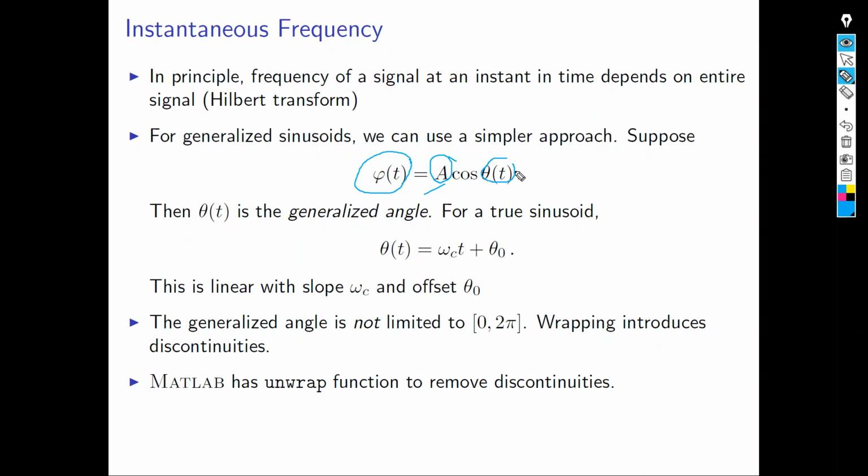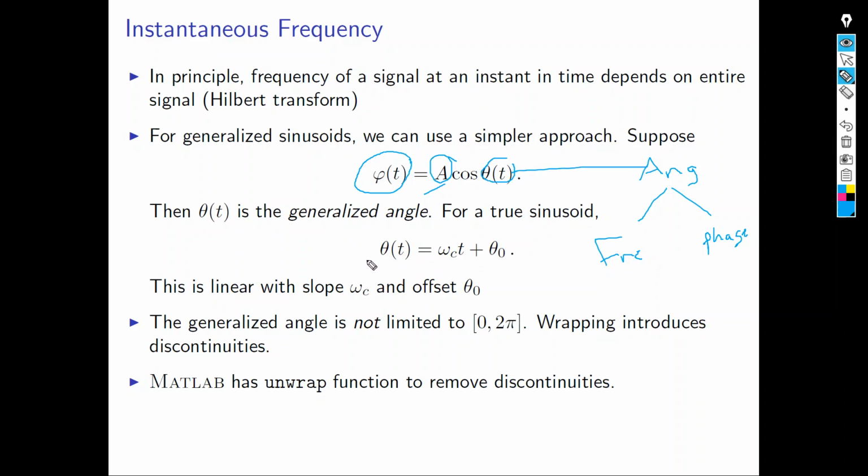Anything related to frequency and phase modulation, or in general angle modulation, involves frequency and phase. Now we will see how we can determine which one of these we are using. Then theta of t is the generalized angle.